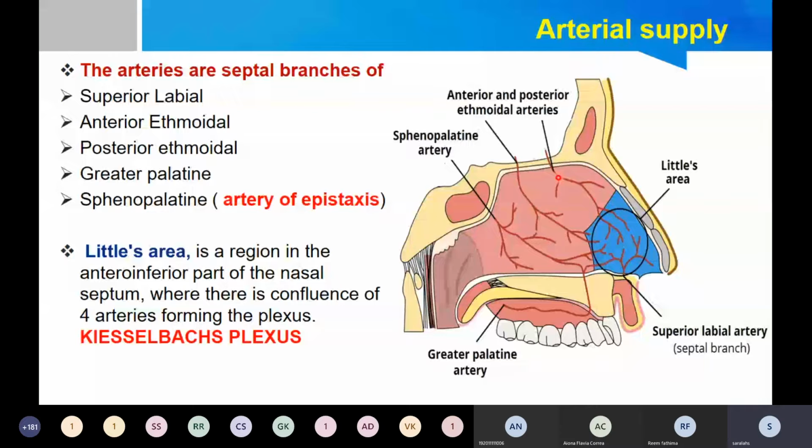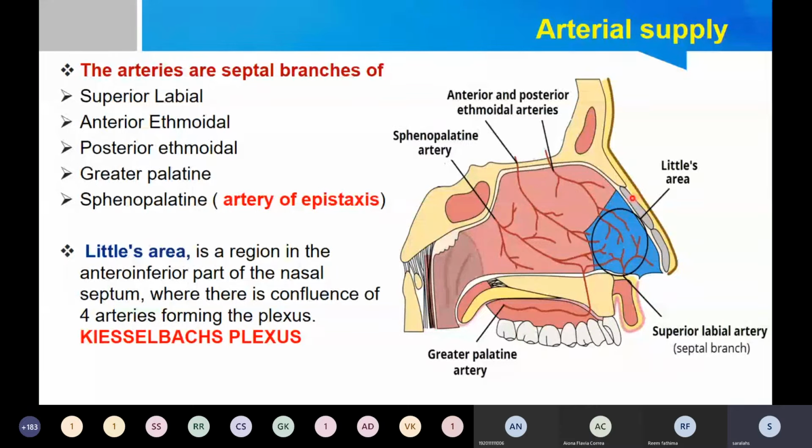These two are branches from the ophthalmic artery. Then the postero-inferior quadrant is supplied by the sphenopalatine artery. You know, I think it is a continuation of the maxillary artery. Then the antero-superior quadrant and the antero-inferior quadrant. The antero-inferior quadrant will be supplied by the superior labial artery, accompanied by the greater palatine artery.